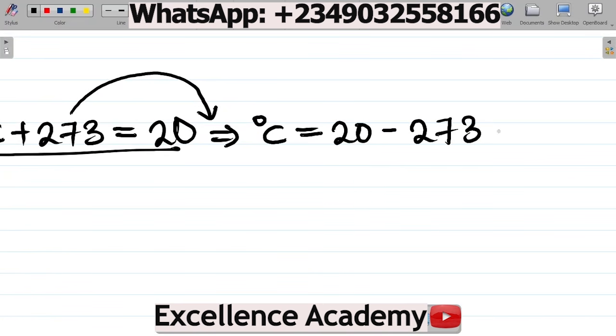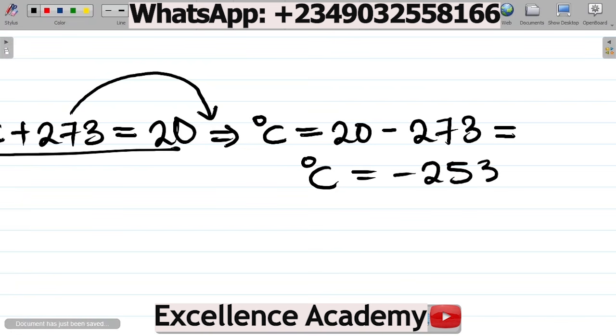If you do this math, 20 minus 273 gives you minus 253. So the degree Celsius value is actually minus 253 degrees Celsius. So this becomes the answer to the question.